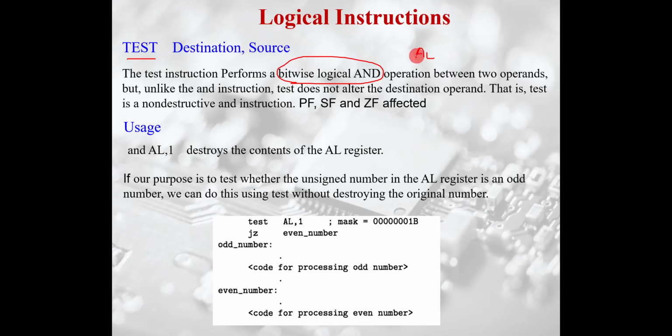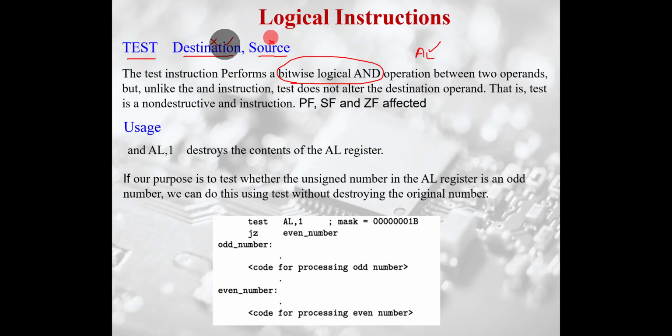What is different from the AND operation is that after doing the bitwise AND operation, the contents of AL are not destroyed. Although we call them destination and source, the contents of both the destination and the source are not destroyed.